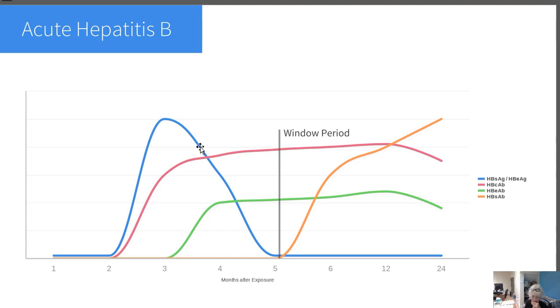They can pass it on. But notice how the infectivity drops, right? It just drops. While it's dropping, other things are happening, right? Your body's producing antibodies. C is an antibody. HBE is an antibody. And the surface antibody is here showing remission.